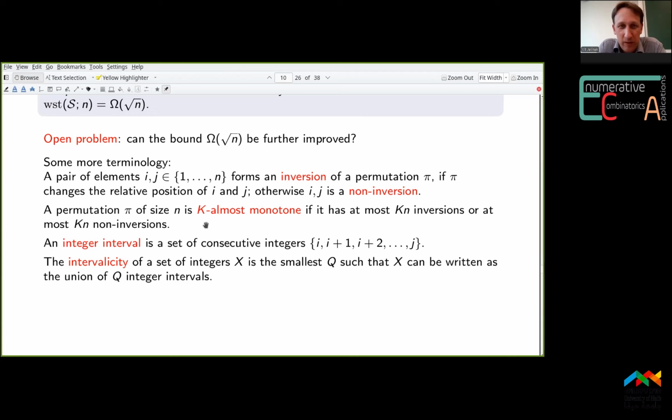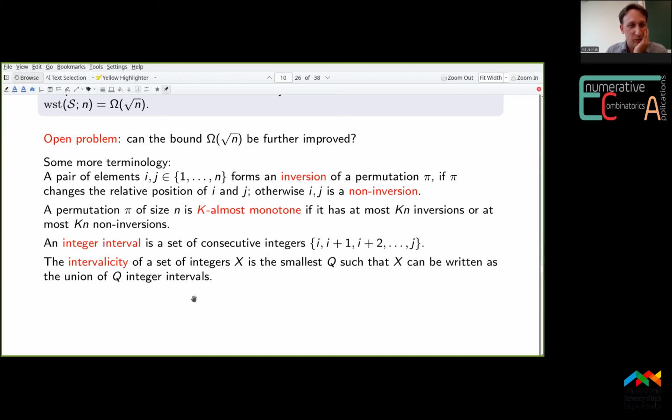So, well, a random permutation will have quadratically many inversions and quadratically many non-inversions almost surely. So if the number of inversions, say, is linear, this means that the permutation is somehow close to being increasing. And likewise, if there are only linearly many non-inversions, then it is somehow close to being decreasing.